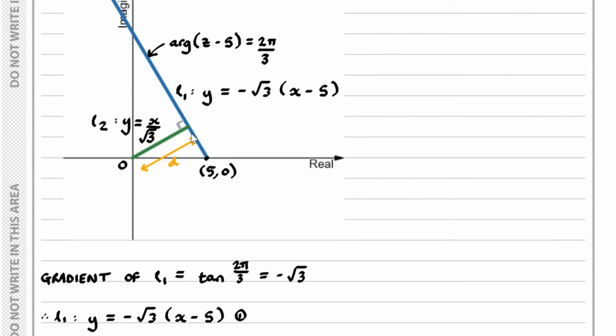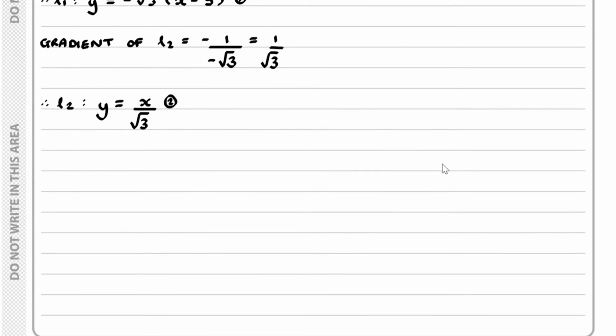Now, what we need to do before anything else is find out where L1 and L2 intersect. And we know that they intersect at this point over here. And we need to find the coordinates of this point. We can do that by solving equation 1 and 2 simultaneously.